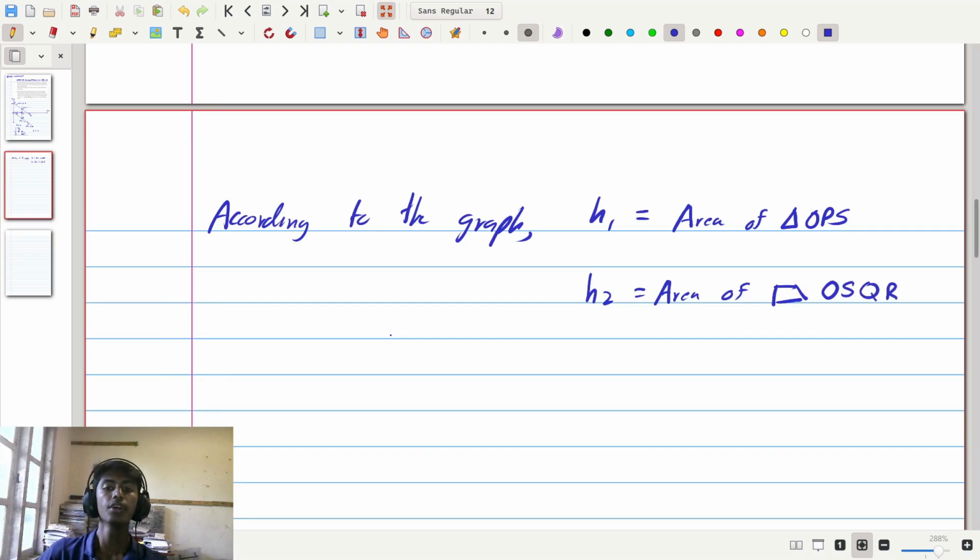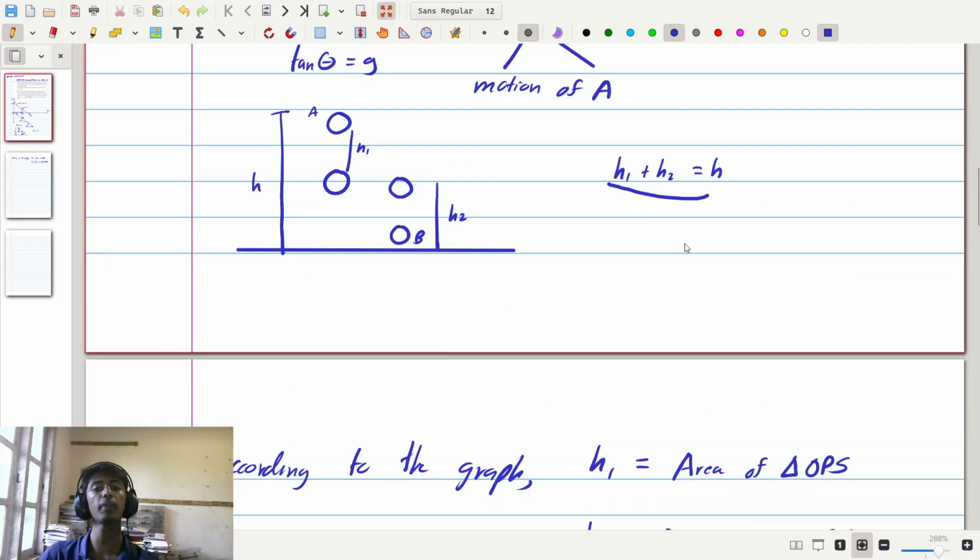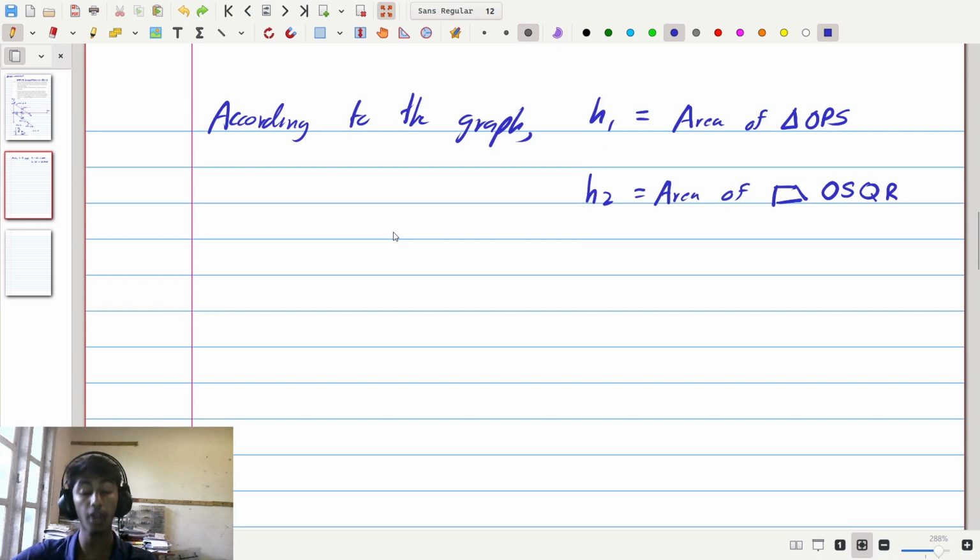Now considering these two areas, we know that h1 plus h2 is equal to capital H, or rather simple H, and therefore we can say H is equal to the area of the triangle OPS plus the area of the quadrilateral OSQR.